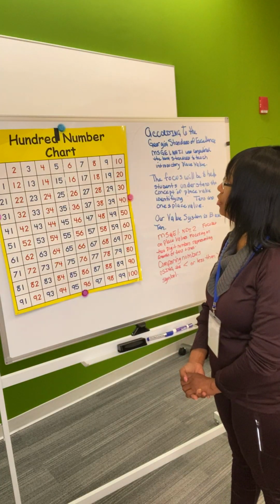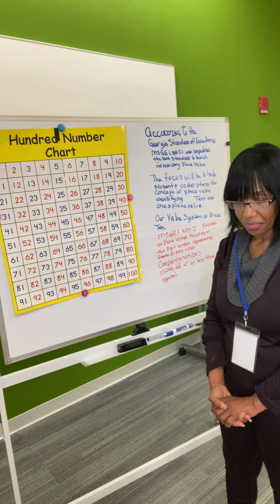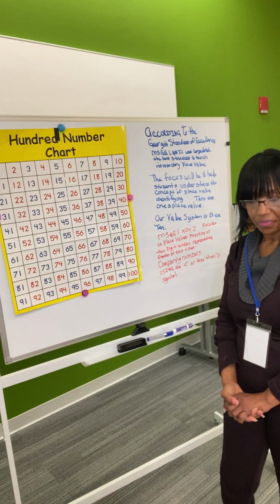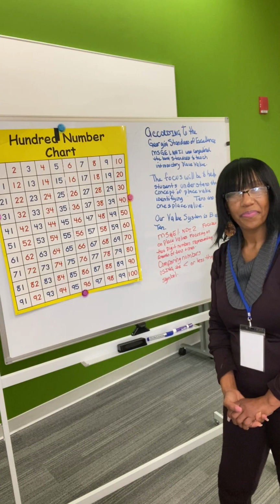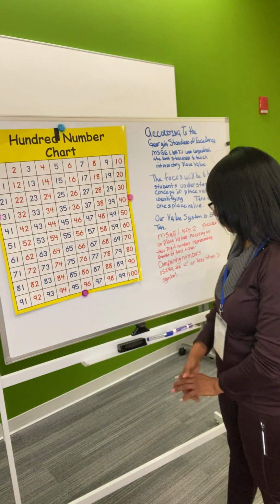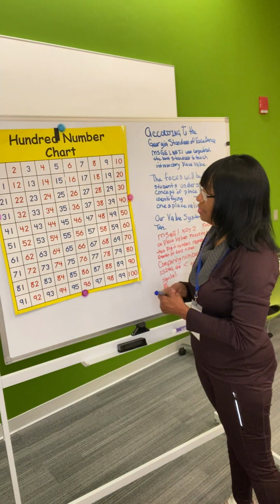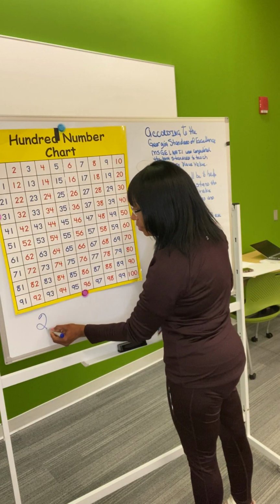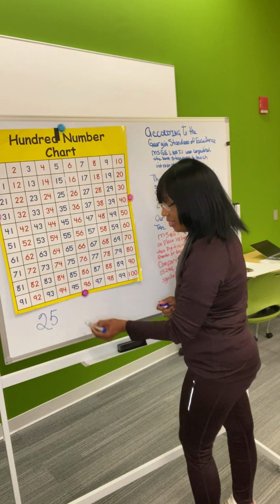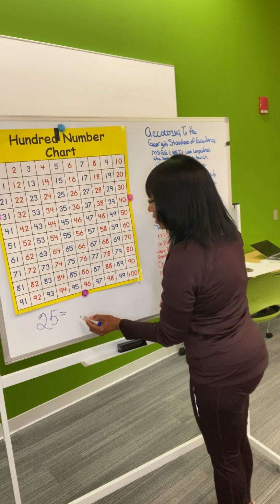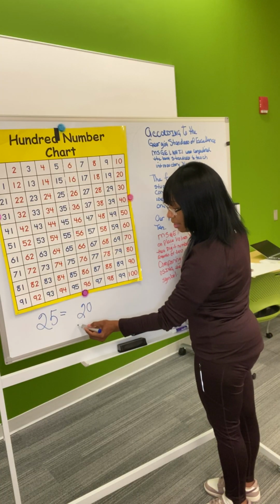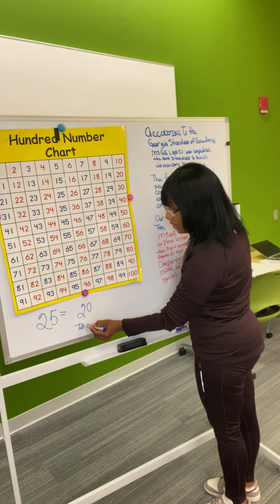Another way of using the hundreds number chart would be to explore the two-digit numbers in the combinations of a standard form to expanded form. Example, if we have the number 2 and we have the number 5, I could ask a student, what number does the 2 represent in the tens place?